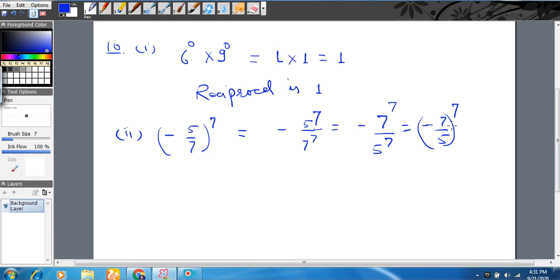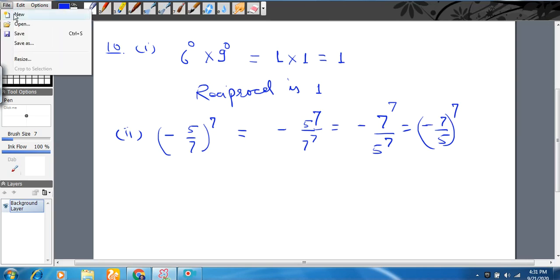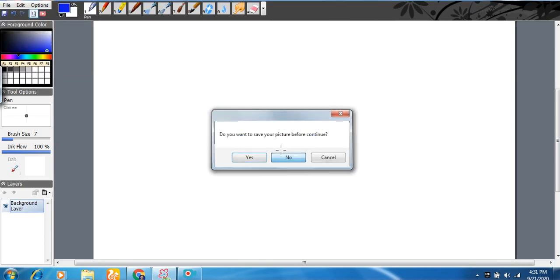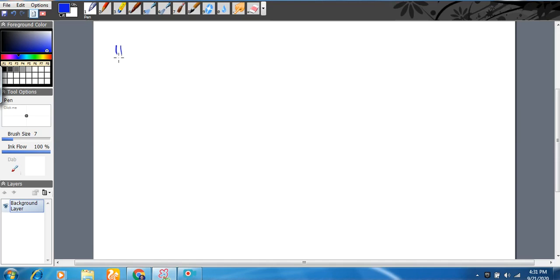So move to the next question, 11th question, and I think I should solve both the parts. Note it down. Question number 11. First part. This is about simplifying.